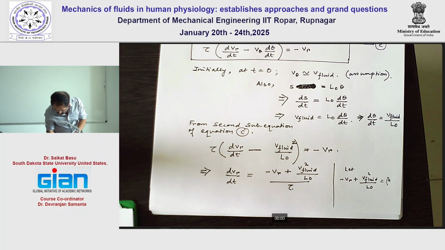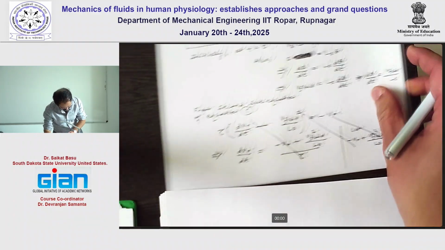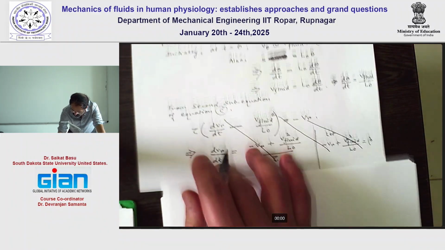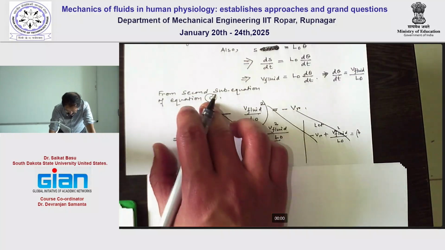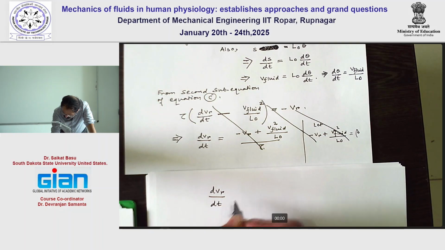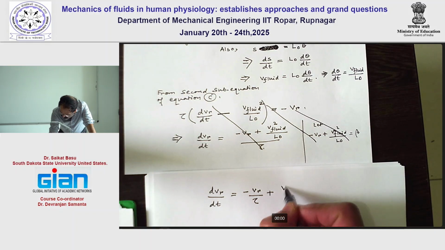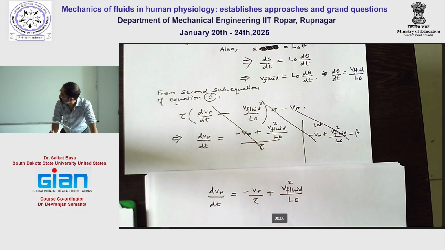So let me just scratch this part for now. It would be too crowded. So what we should have is, from this second sub equation, dVr/dt is negative Vr over tau plus v_fluid squared over L naught.